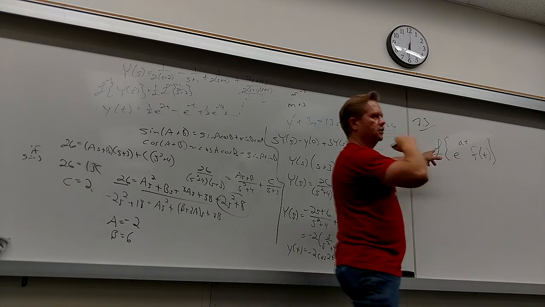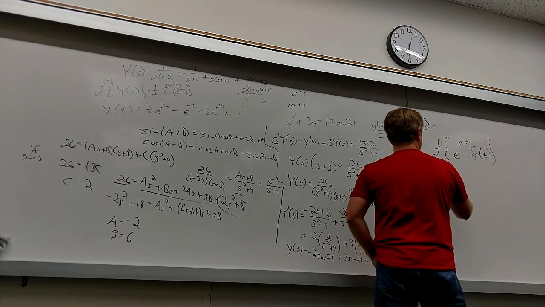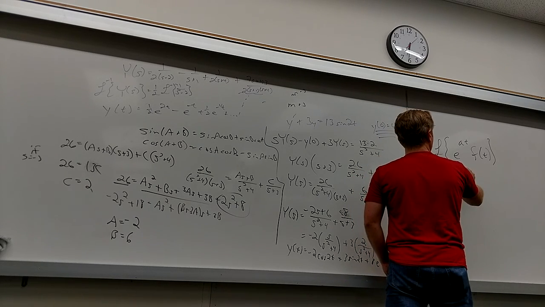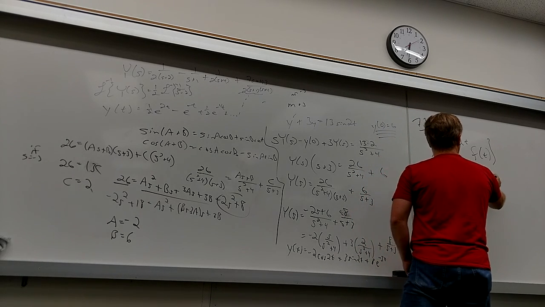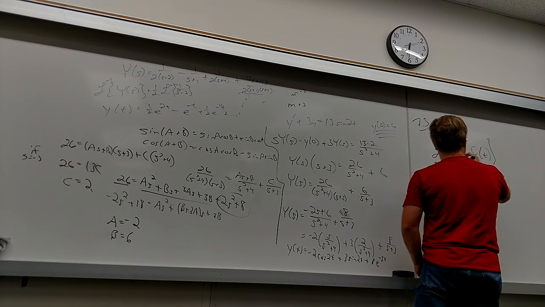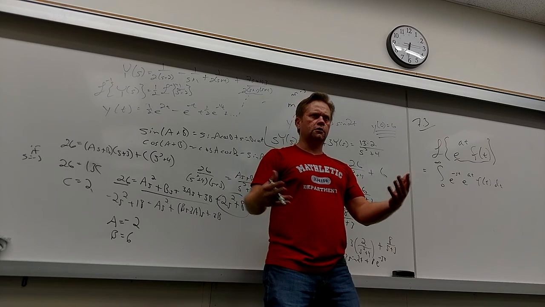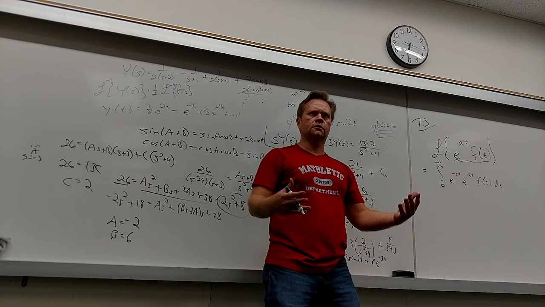So officially, what would this be? Integral from 0 to infinity. Whatever's in here gets thrown into that spot right there. Now, what's the very first thing you can do with this? Combine the exponent.